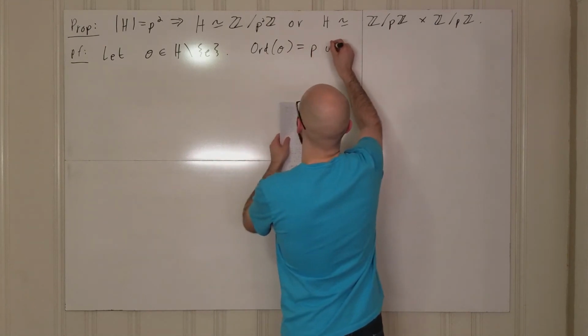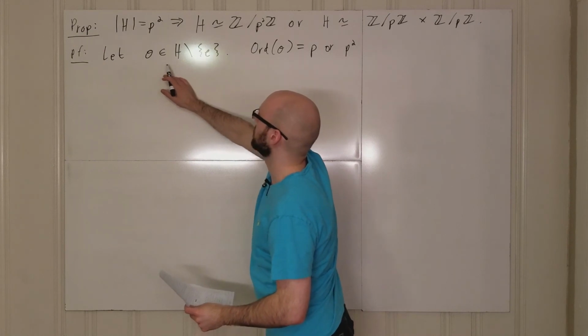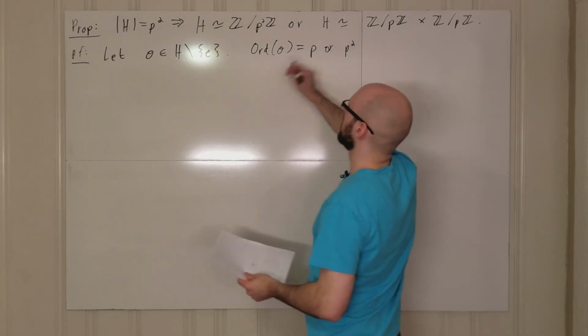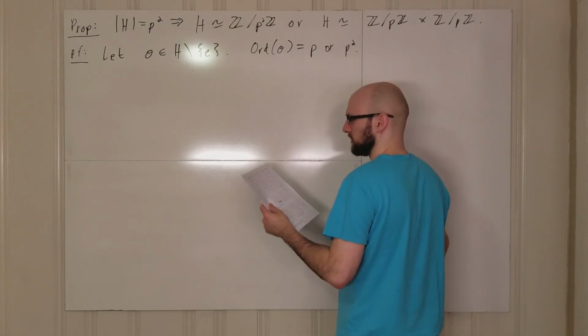Anyways, I'm going to continue so that I don't fall into the trap of last video where I just babble. Since the order of H is p squared, if we choose any non-trivial element sigma in H, then its order is either p or p squared.